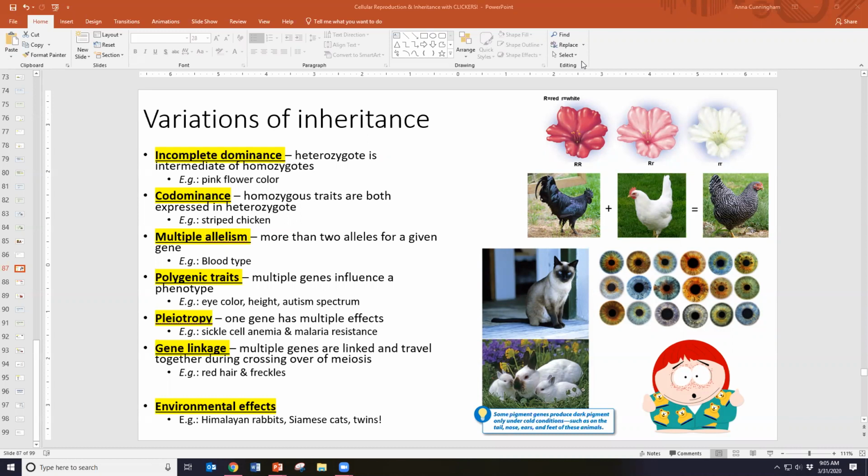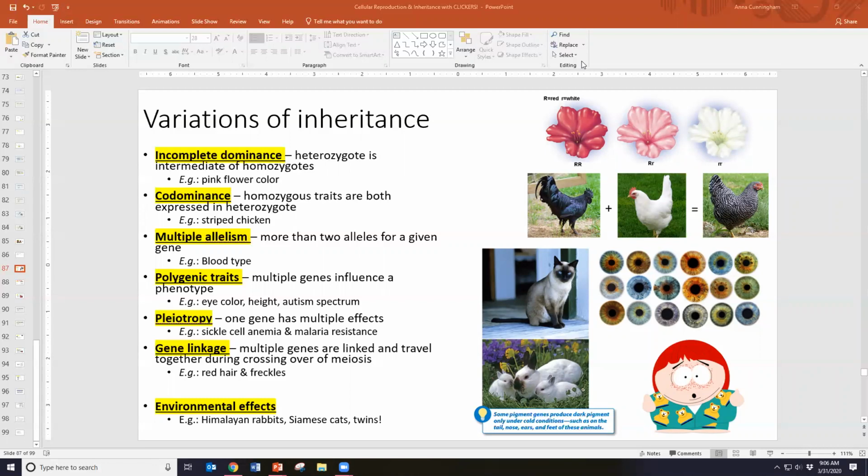What that means is that they're inherited together. They're linked. We talked about this in the context of red hair and freckles. And lastly, we talked about environmental effects, how temperature can affect expression of certain genes. For example, in Himalayan rabbits and Siamese cats, colder areas turn on genes for darker fur, and that's why you see darker fur around the nose or ear regions.